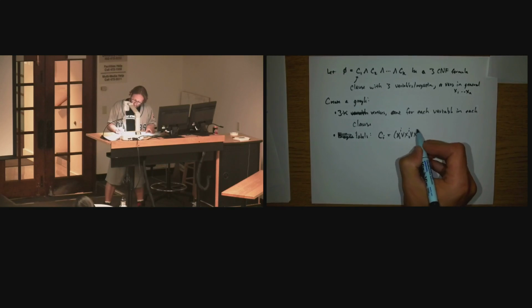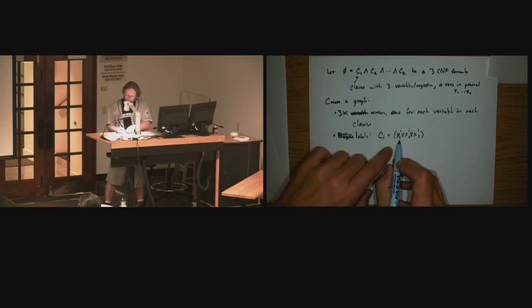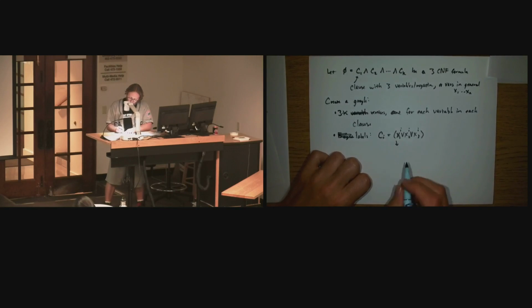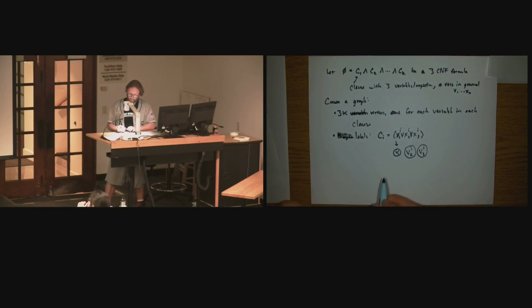I'll put a superscript on the top as well to show that these are in the ith clause. We're going to produce vertices called v1^i, v2^i, and v3^i. Okay? 3 vertices.